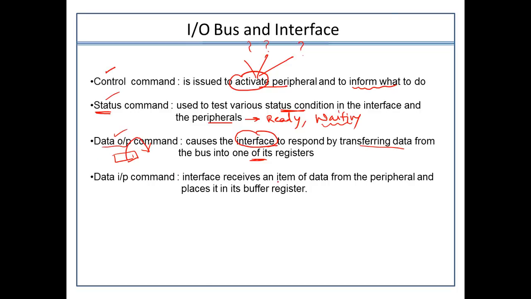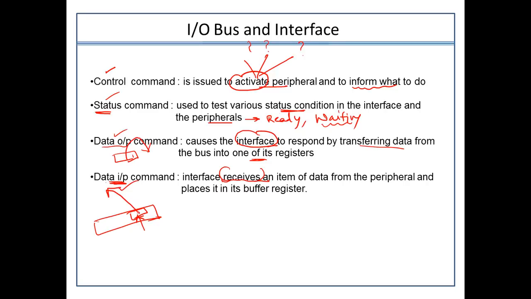I would say the same thing applies to the data input command, when we provide the input or the data, so the interface will receive the data. The idea is that within the interface we have a register, and this register will consist of data. One thing is to put the data on this interface, so in order to put the data, the data input command will be there.